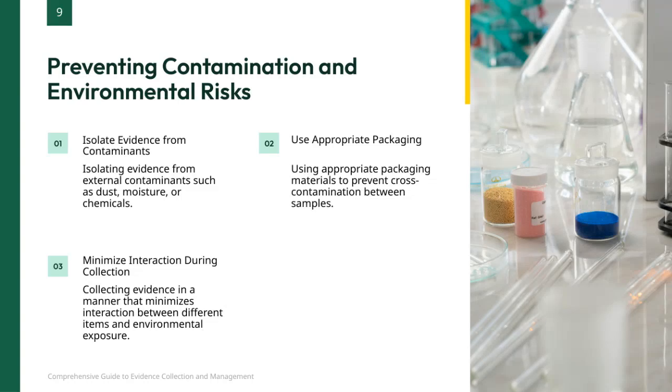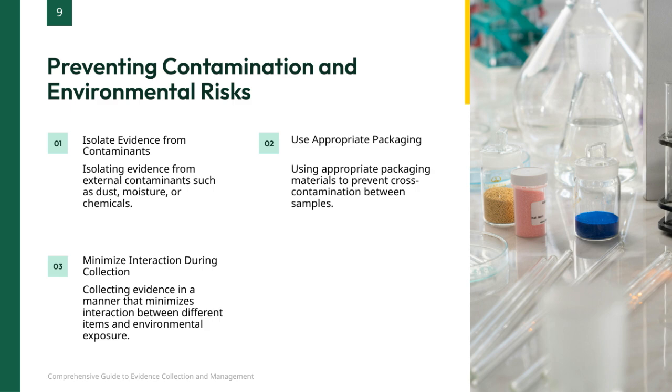When handling evidence, preventing contamination and environmental risks is crucial. First, we need to isolate evidence carefully to protect it from external contaminants like dust, moisture, or chemicals that could compromise its integrity. Next, using the right packaging materials is essential. Proper packaging helps prevent cross-contamination between different samples, ensuring each piece stays uncontaminated and reliable.